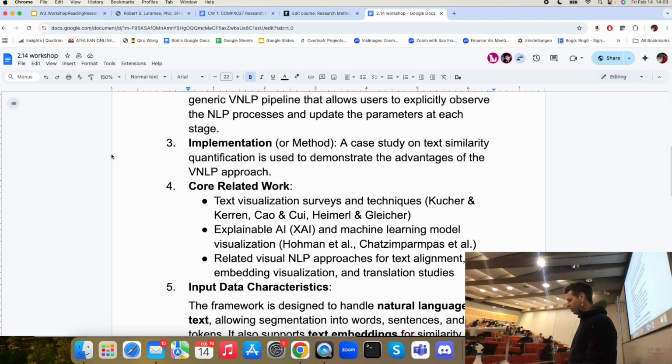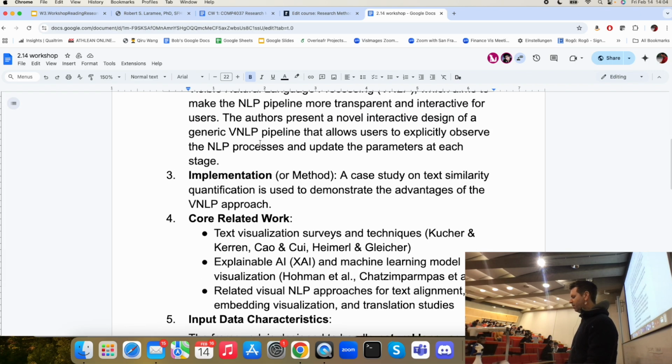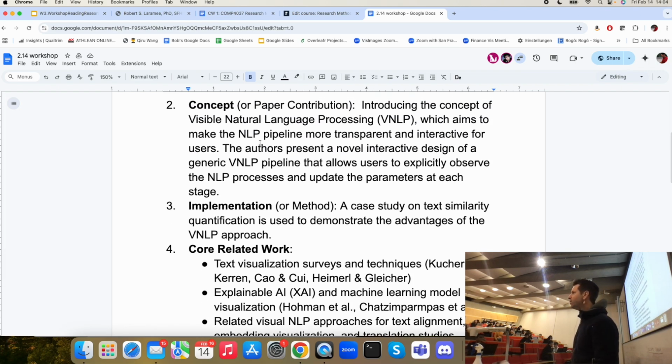So implementation, a case study on text similarity quantification is used to demonstrate. This is not correct, actually. This is the evaluation. So the evaluation is a case study on text similarity quantification. The implementation is a visual interface that shows visually each stage of the NLP pipeline. Yeah, so that's the implementation.